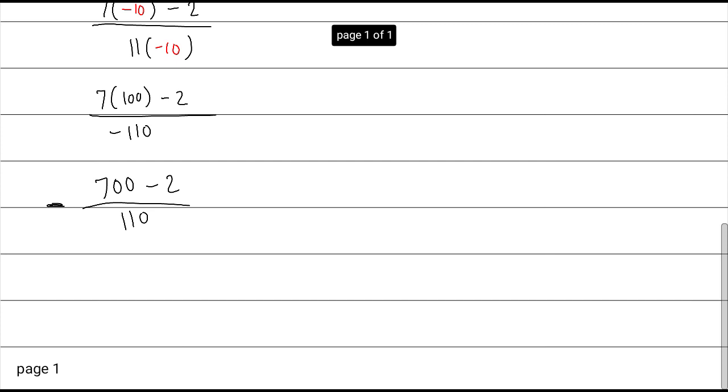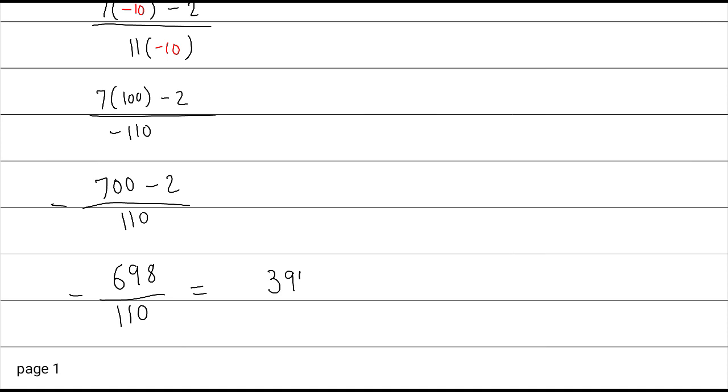Let me write that a little neater. Then 700 minus 2 is 698 over 110. I can reduce that. Let's say I divide both by 2. 698 divided by 2 is, I'm sorry, 349.